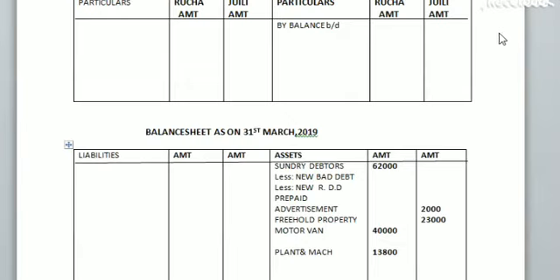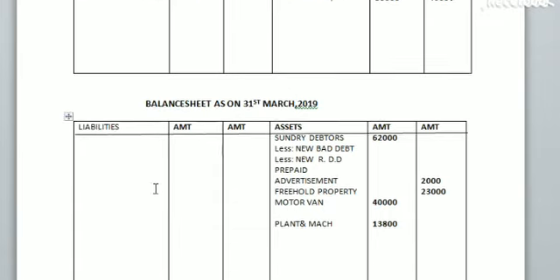Coming to the credit side of the trial balance, capital accounts of Rucha and Julie, 80,000 and 40,000. On the credit side we are going to mention the amount, 80,000, and the next is Julie, 40,000 rupees. The next is sundry creditors, 22,000 rupees, balance sheet.